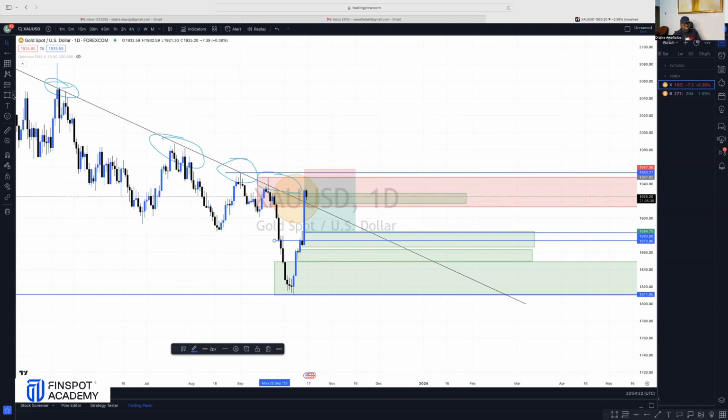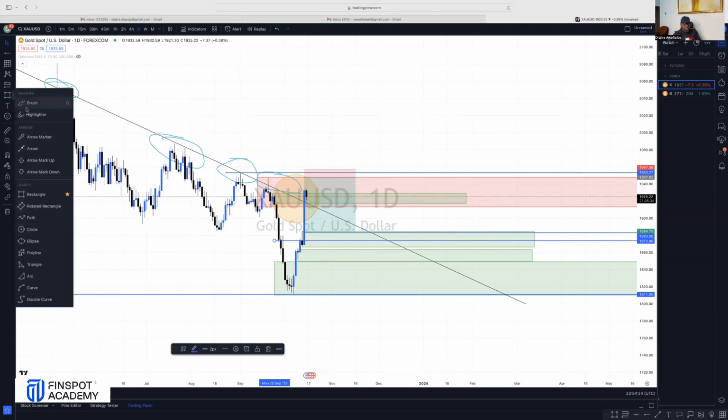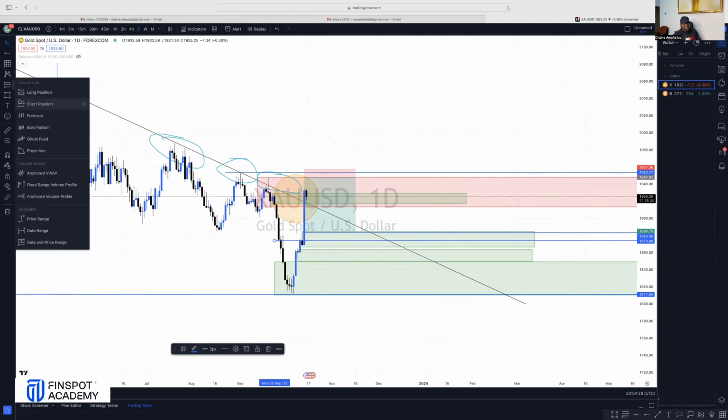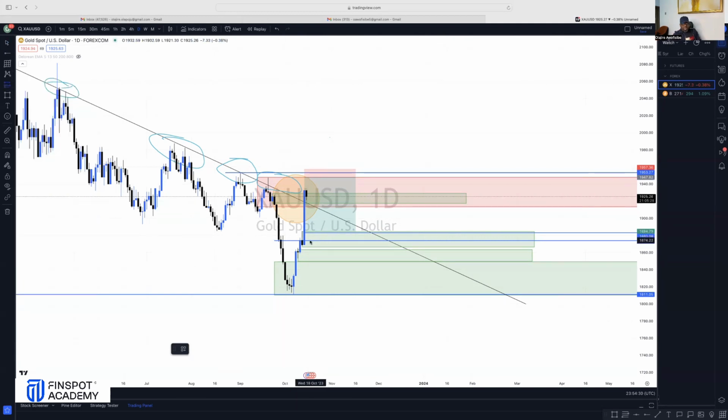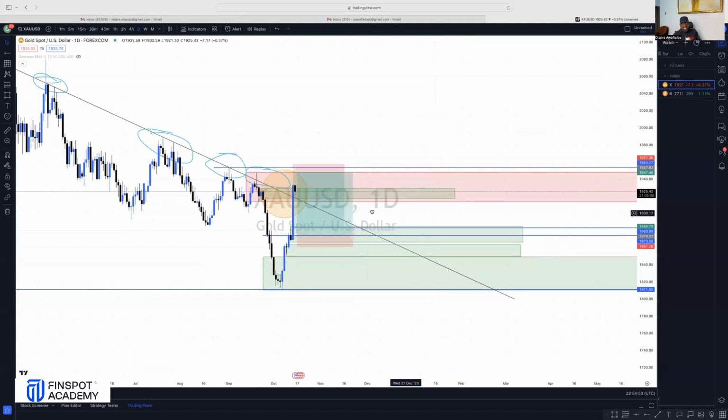So this is going to be my setup for a sell, and this is going to be my setup for a buy. If I'm going to take a buy trade, my buy trade is going to come from here, and my stop loss will just be slightly below the order block. If price comes into this lower order block, then it means that I am wrong.